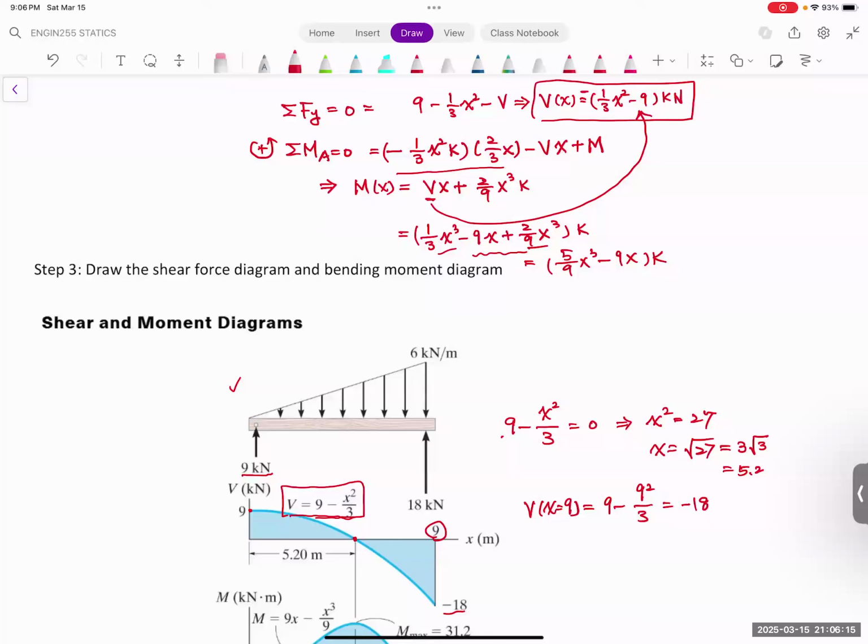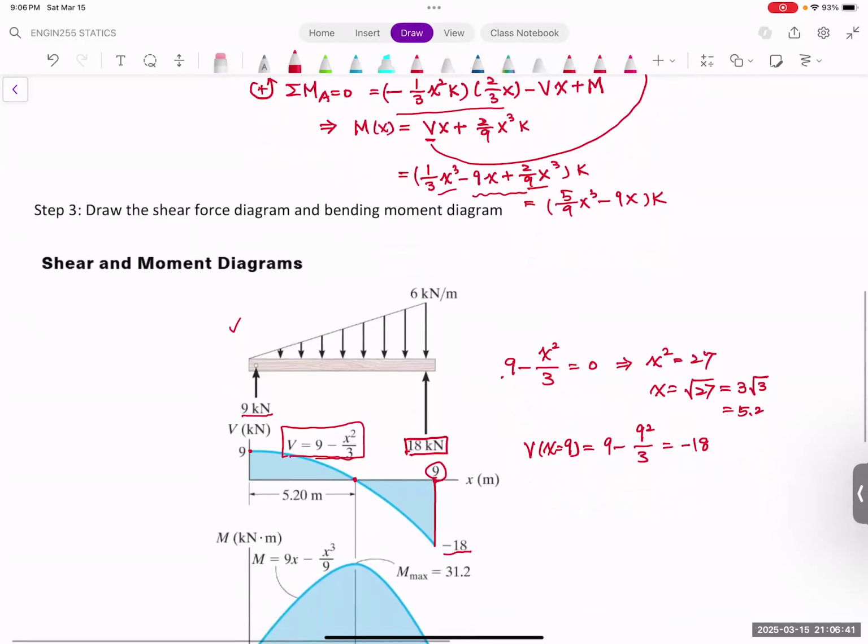And that's why you got negative 18. But it's okay, because at the end, we're going to push it up 18k. So it will move up to the 0 point. And this is what we just said. If you go beyond the member, there's no shear load on this graph.